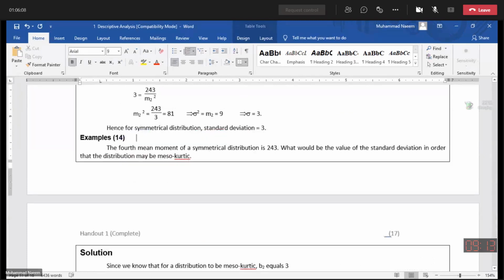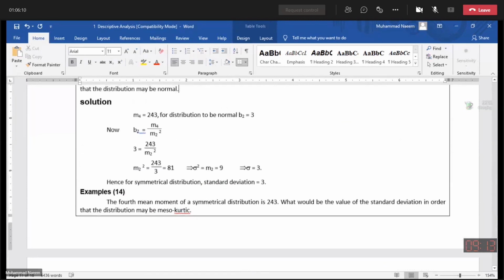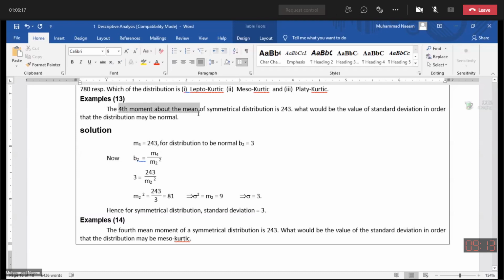So let us go through these examples. Our fourth moment about mean is 243.